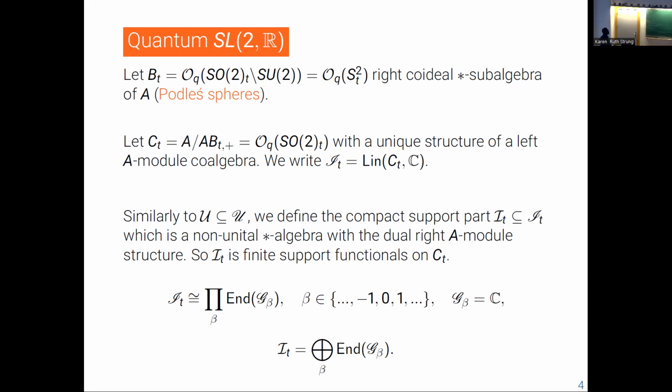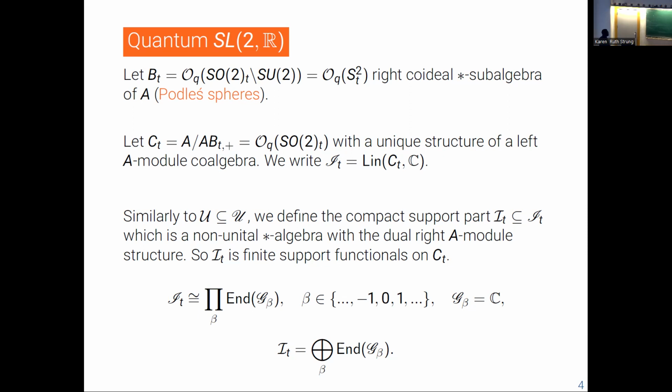We know that C has a unique structure of a left A module coalgebra. And we can also write curly I_t for the dual convolution of C_t.